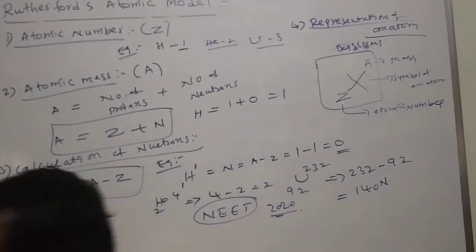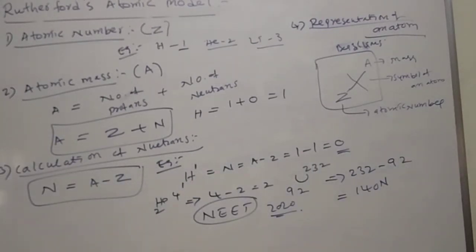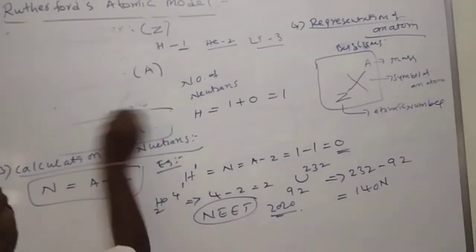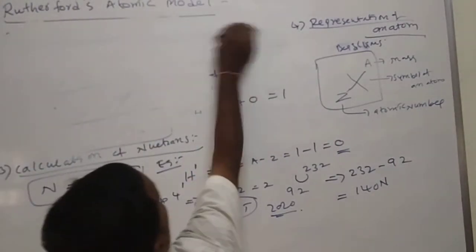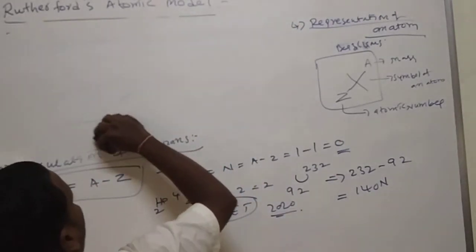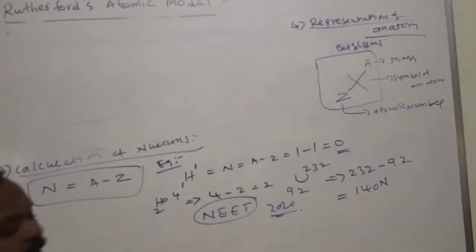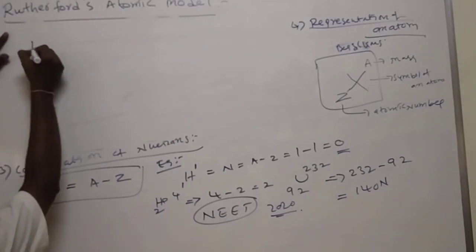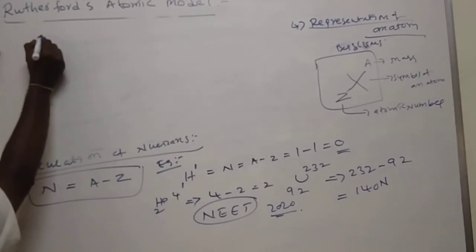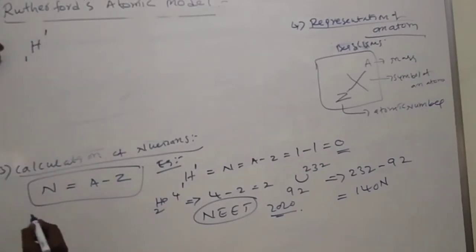Here I am representing some atoms. Hydrogen, the atomic symbol is H, atomic number 1, atomic mass 1.